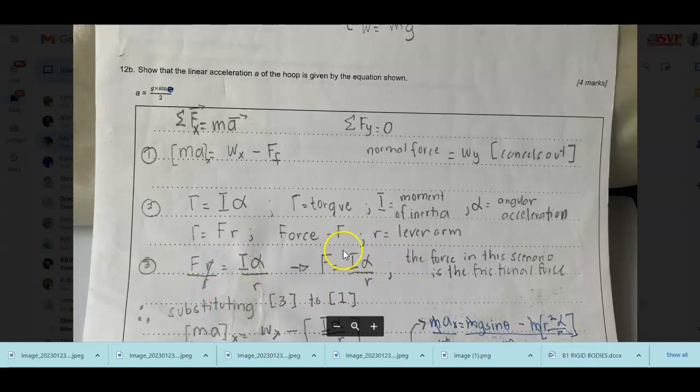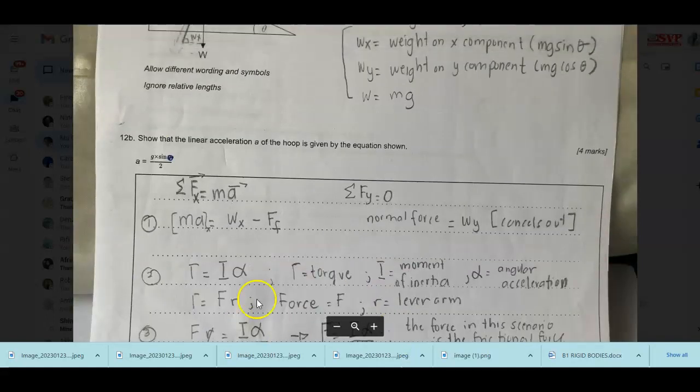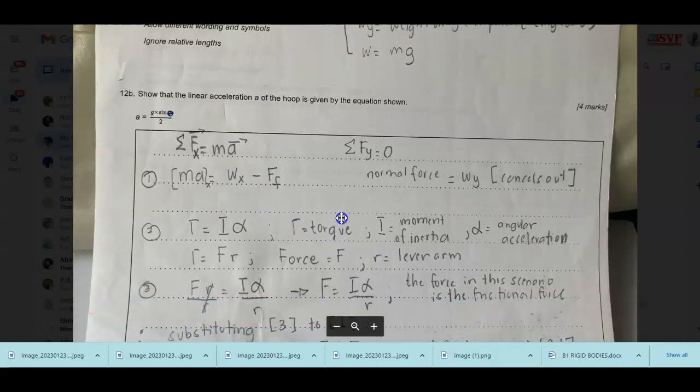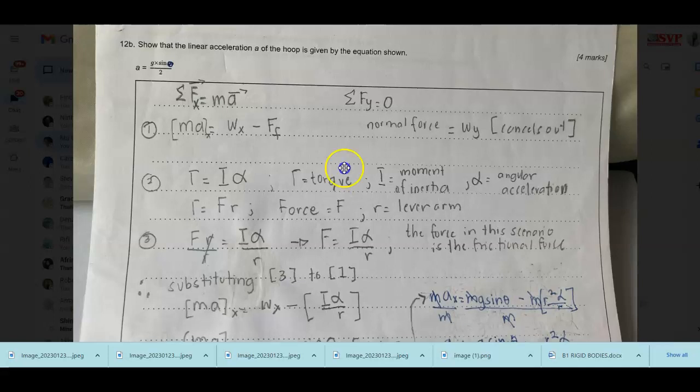We can now have a formula for our force, because as we can see from our equilibrium of forces, we have a frictional force here. Thus, we can conclude that the force that exists in this system is the frictional force.